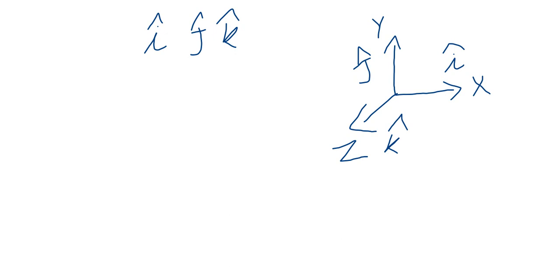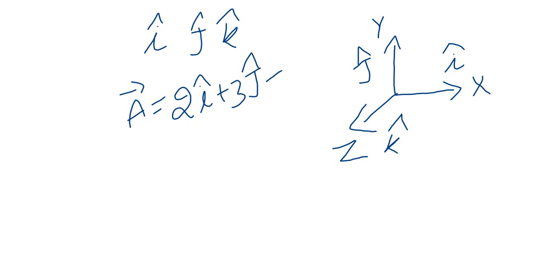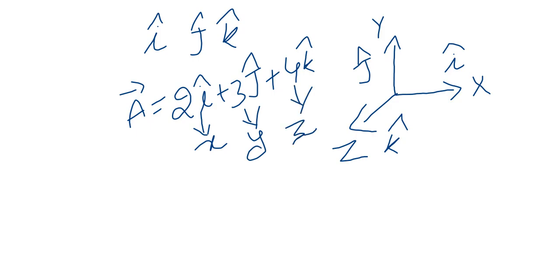Suppose A bar is a vector. Its value is given as 2i cap plus 3j cap plus 4k cap. Here i cap represents the x coordinate, j cap represents the y coordinate, and k cap represents the z coordinate.